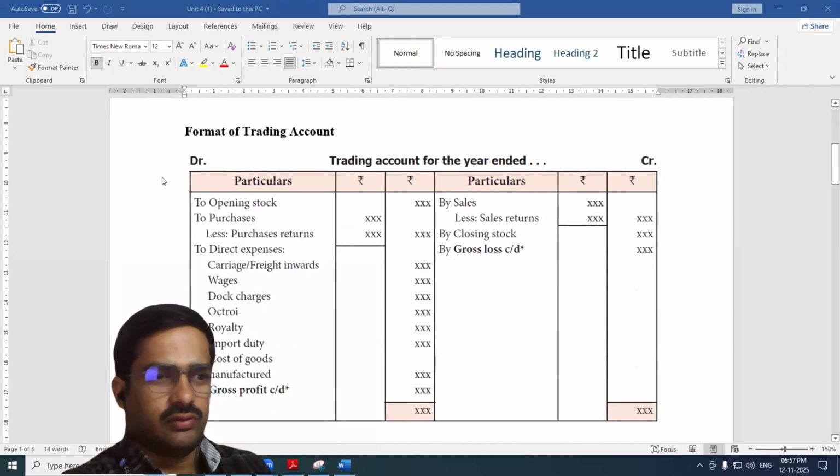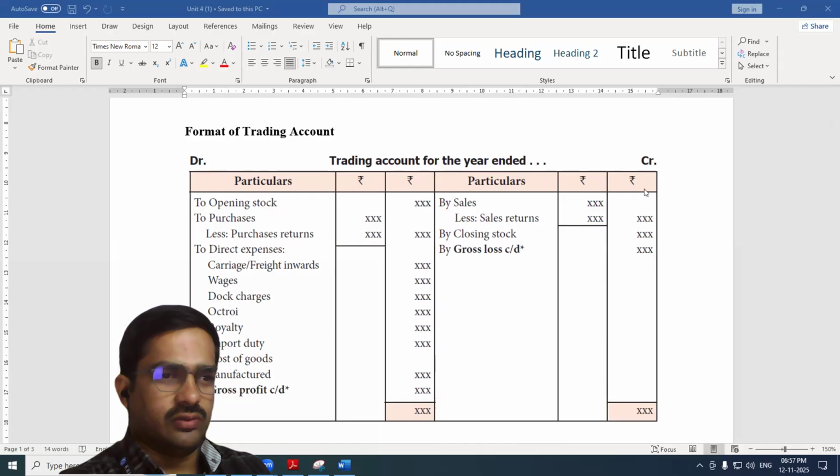So we are going to prepare the trading account. The trading account is prepared at the end of the financial year, with four columns: particulars, amount, particulars, amount, the debit side and the credit side.